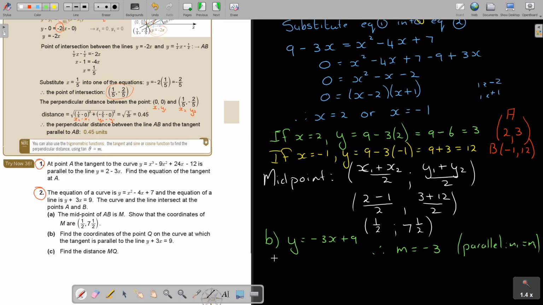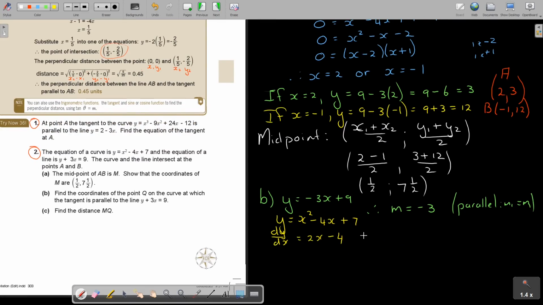Okay. Now, what will I do now? I will differentiate and put that equal. So let's just see the line. There is the equation. Let's just write it down. What is the equation? The equation was x squared minus 4x plus 7. So dy by dx is equal to 2x minus 4.